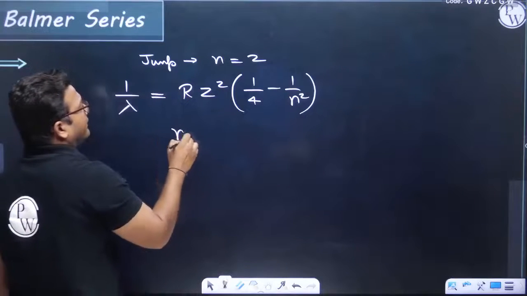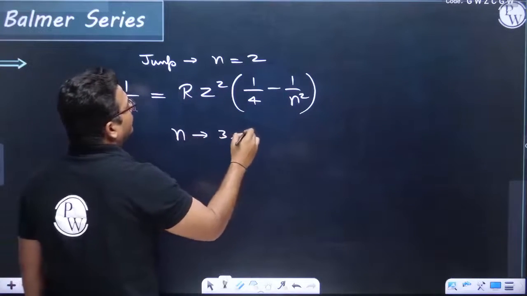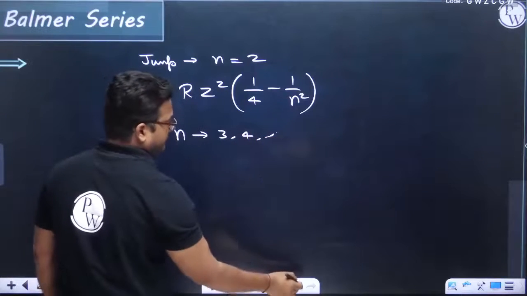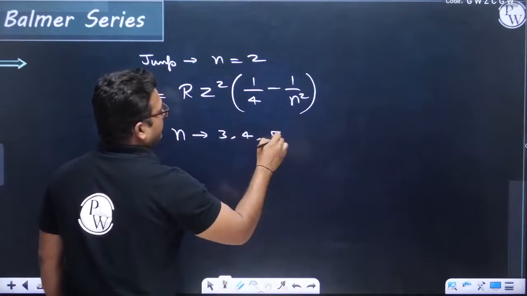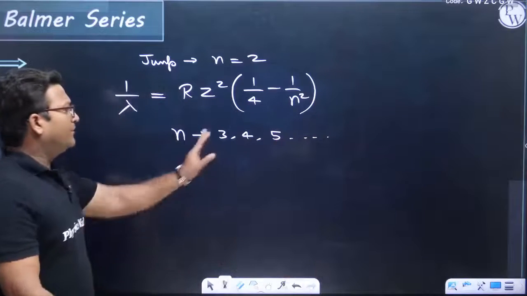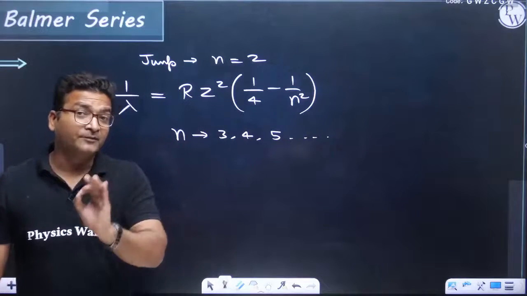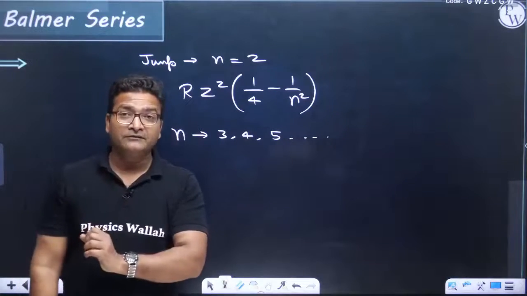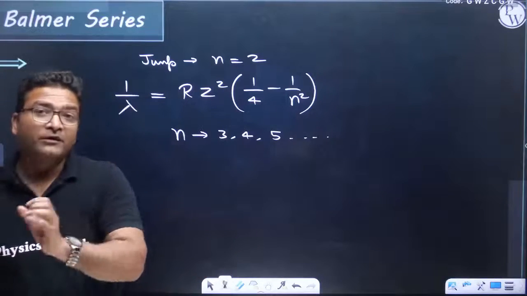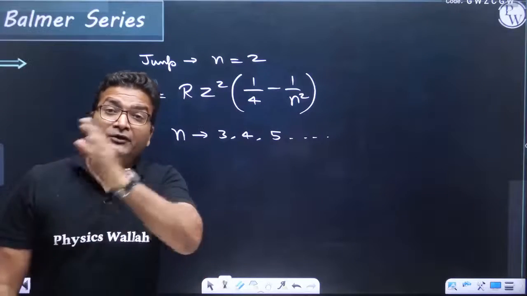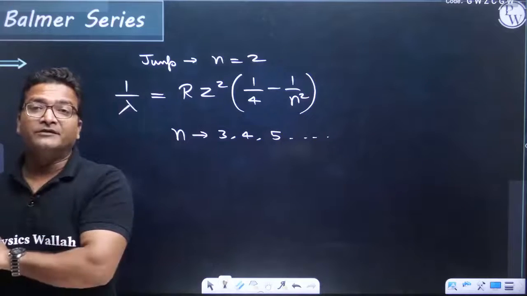And n may be 3, 4, 5, etc. From 3 to 2, first member, alpha line. From 4 to 2, second member, beta line. From infinity to 2, the series limit of the Balmer series.